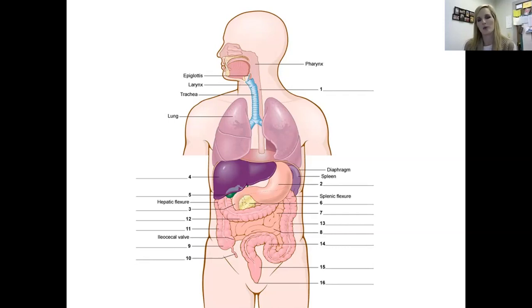Number 5 is the gallbladder. And then number 6 is an organ we're already familiar with because of its endocrine functions, but today we're going to talk about its exocrine functions and digestion. So number 6 is the pancreas. And all of those are labeled for you there.